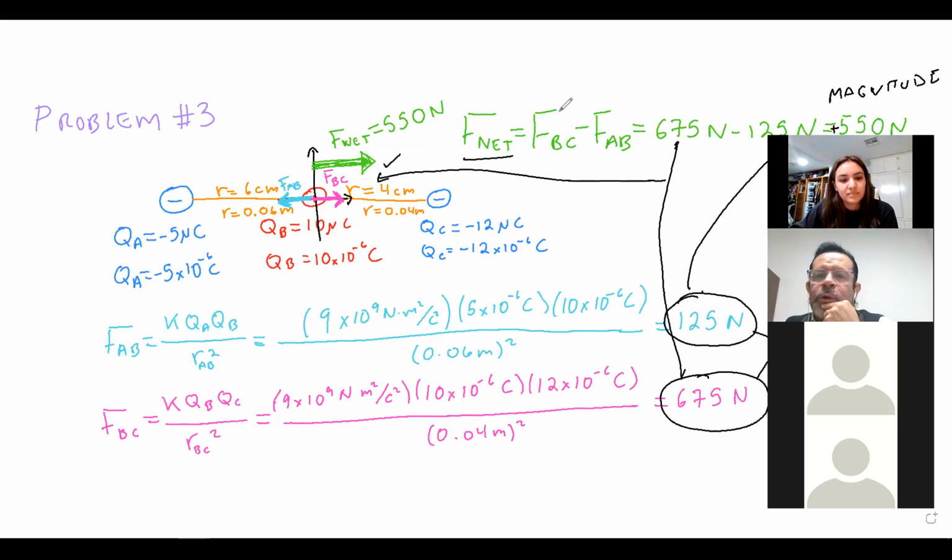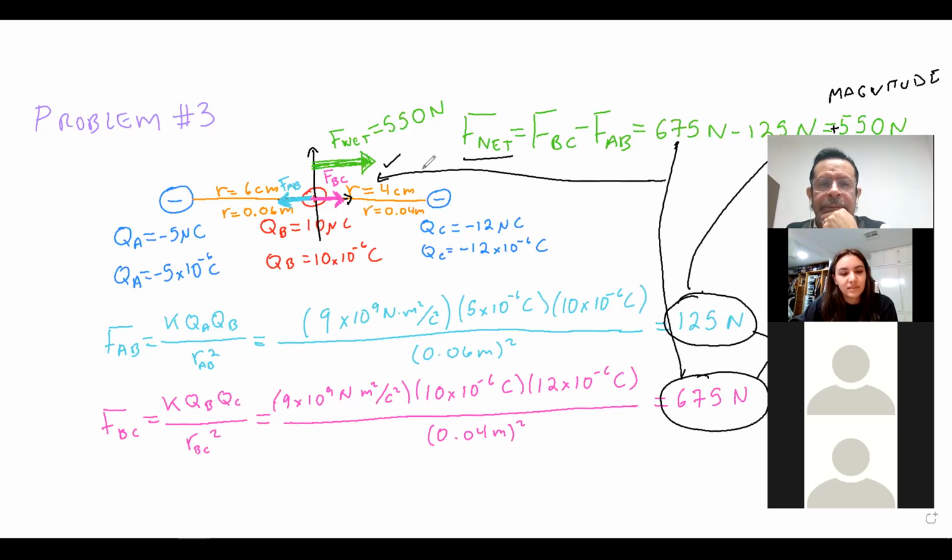It's not necessarily an equation or a formula, Estrella. The next problem is going to clear that up a little bit more. It's according to where the arrows are going. So right now, one arrow is going to the right, which is FBC, and the other arrow is going to the left, which is FAB.